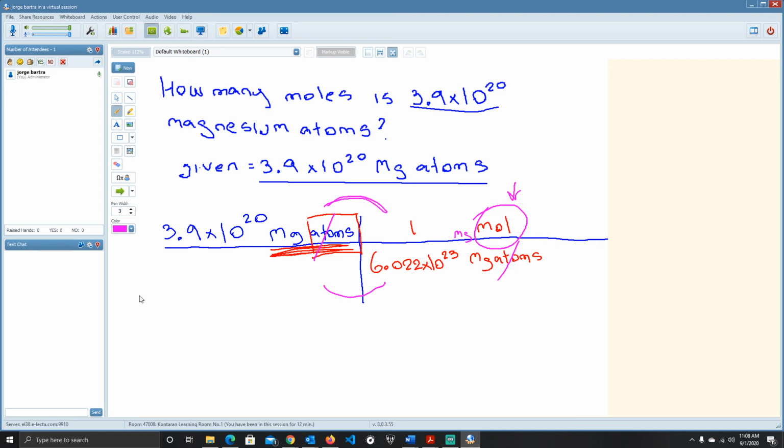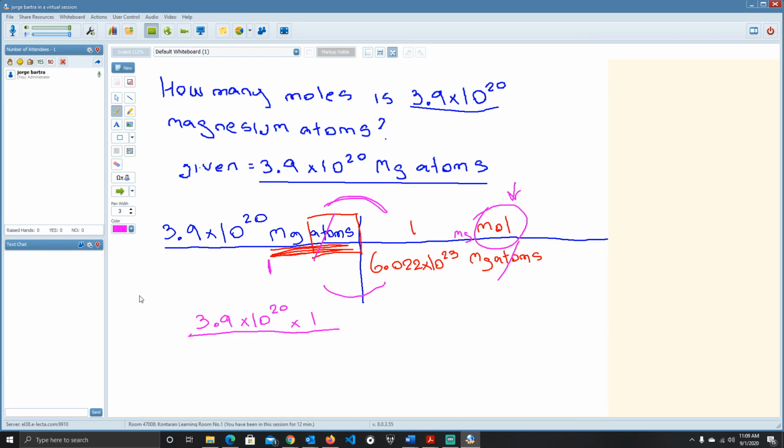For example, in this case, I'm just going to make a very easy example because we don't really have a big number per se. I have 3.9 times 10 to the 20 multiplied times 1 over, again, this is 1 right here. I didn't say it, but it's understood that there's a 1 always below a number because of the identity property, but let's not get into that.